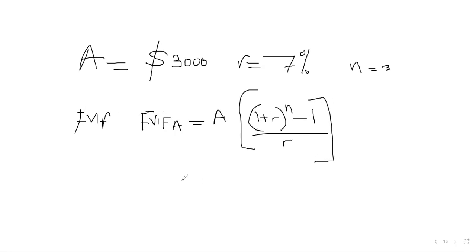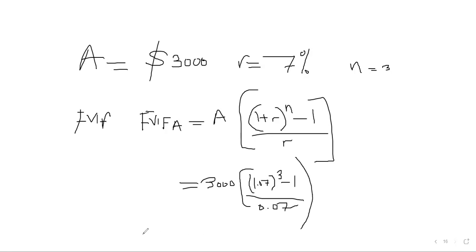Here we say amount is 3,000, then 1.07 to the power 3 minus 1, then we divide by 0.07. So you can find the future value interest factor of that annuity.